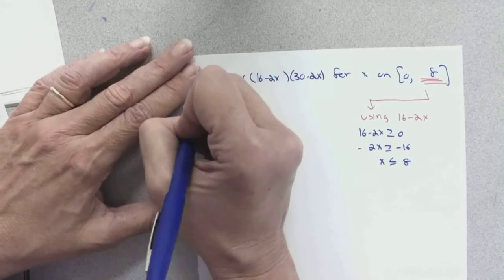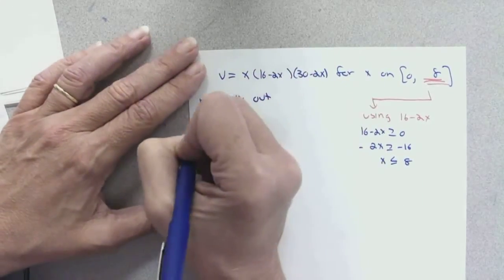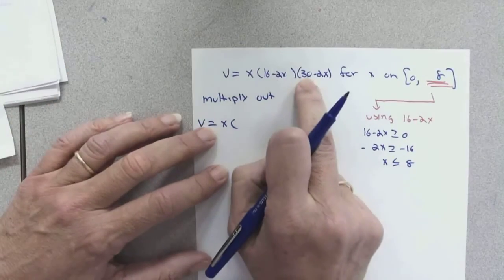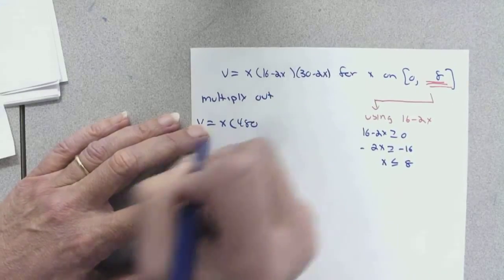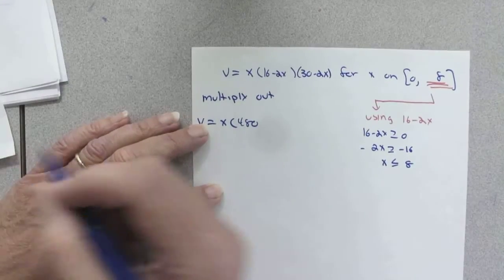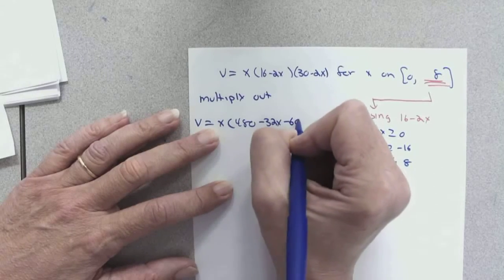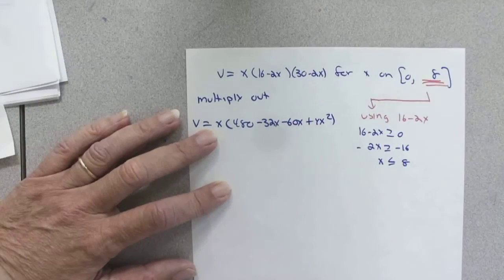And so there's step 4. Now let's simplify. We're going to multiply this out. And so just foiling that out, 16 times 30 would be 480. Yep. Minus 32x minus 60x plus 4x squared.